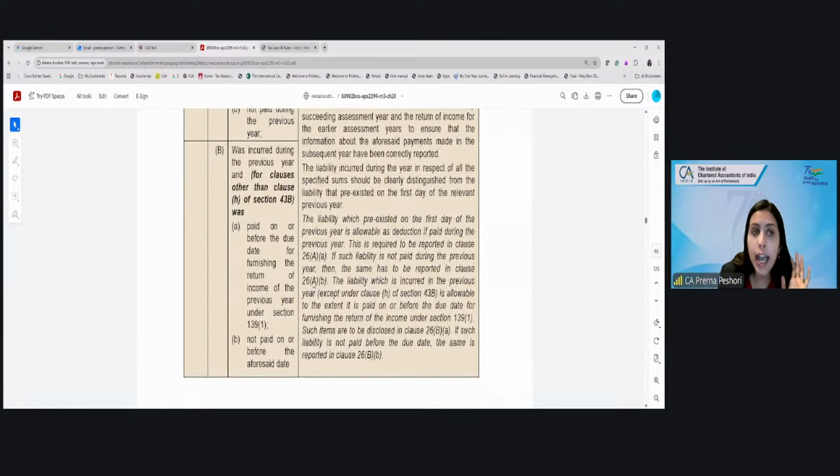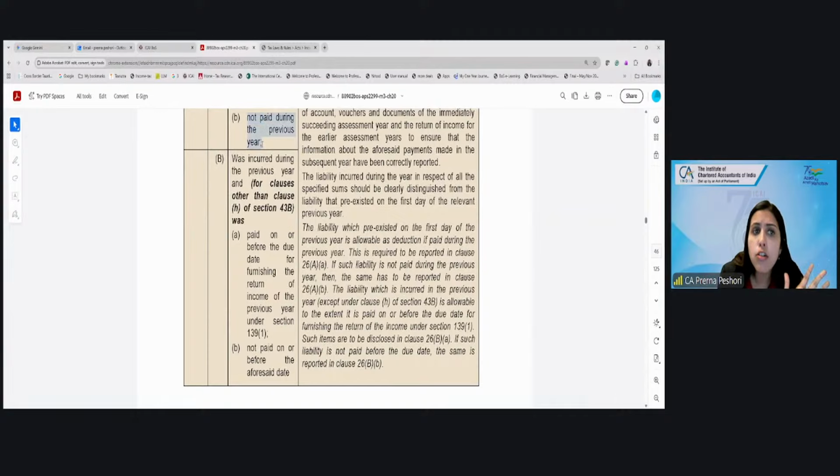Okay? And if it is not paid during the previous year also, then it needs to be reported in point B. The B clauses were incurred during the previous year for all the clauses other than 43BH. 43BH is payment to MSME.